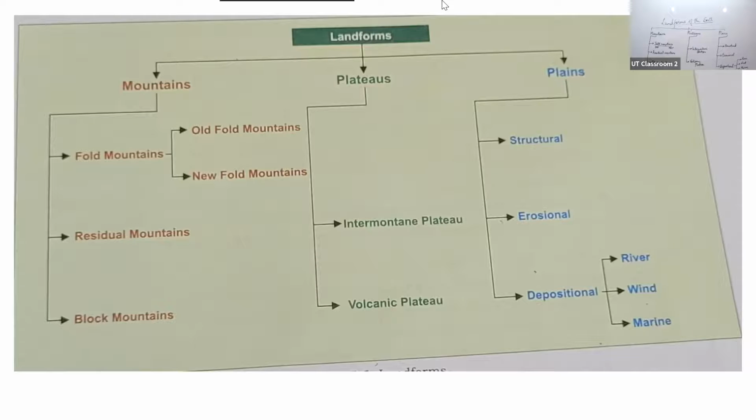Okay. Class work second one. Page 58. What are called endogenic forces? And 15 important points of importance of landforms.